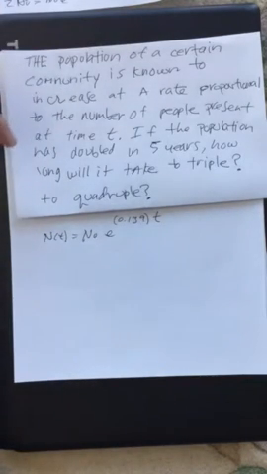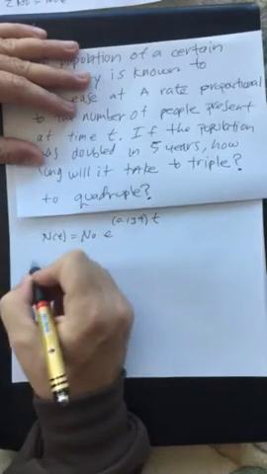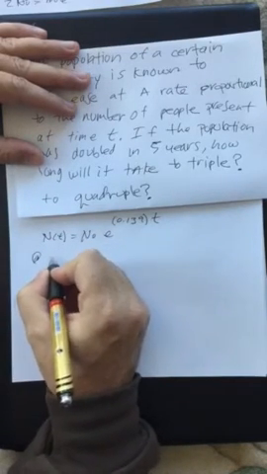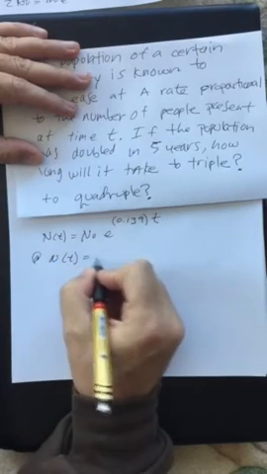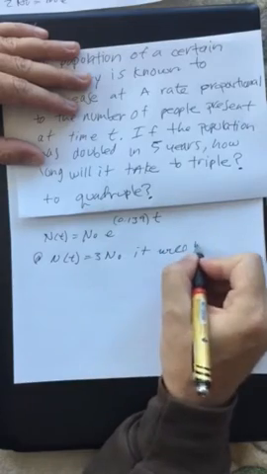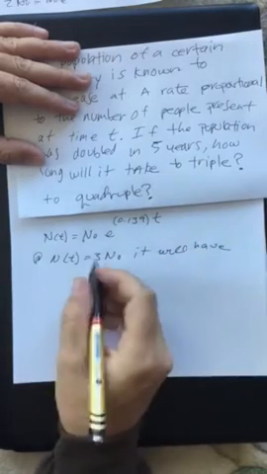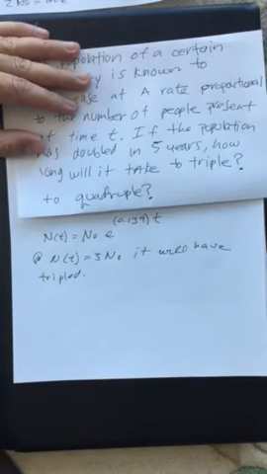Now we go to the question with the unknown: how long will it take to triple? Let's just do triple instead of quadruple. At N of t equals 3 times N naught, it will have tripled.